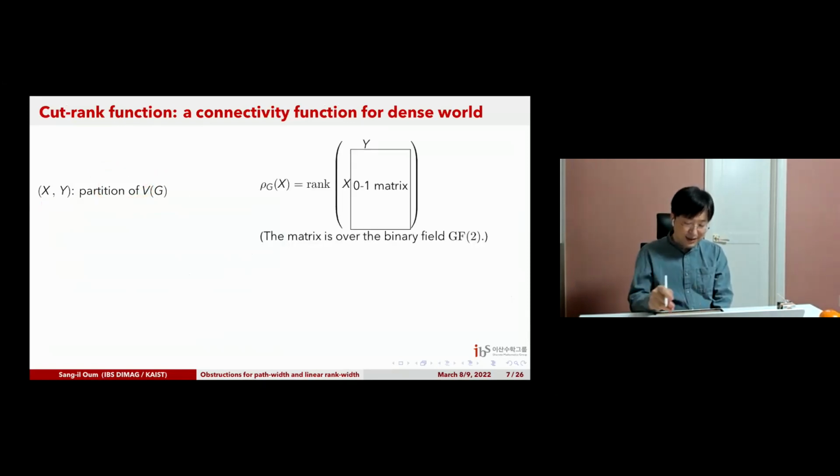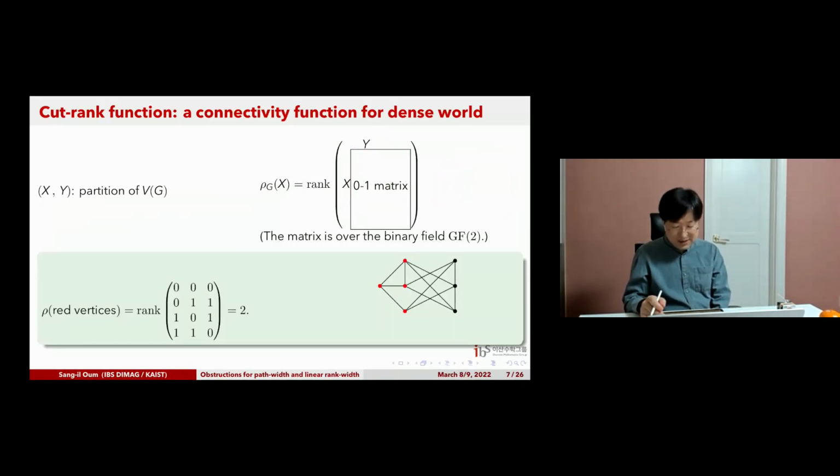When you have a partition, you look at the 0-1 matrix whose rows are from one side and columns are from the complement. The entry is 1 if the corresponding row and column vertices are adjacent and 0 otherwise. I consider it over the binary field. This is the so-called cut rank function.